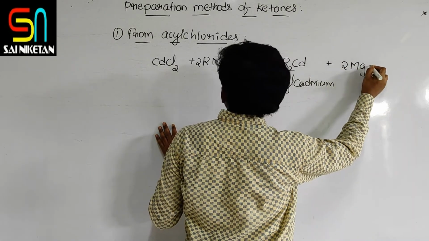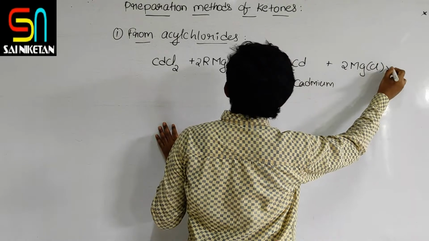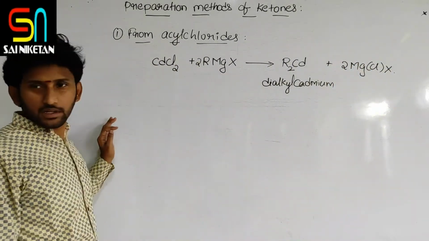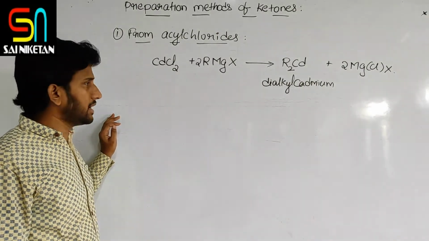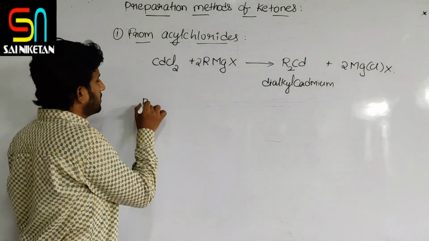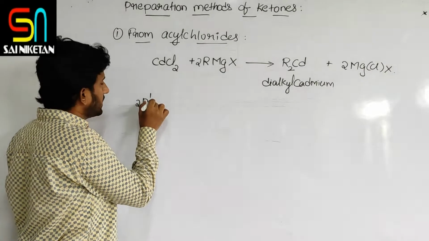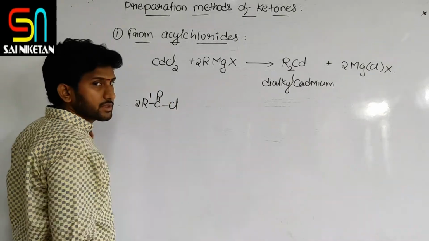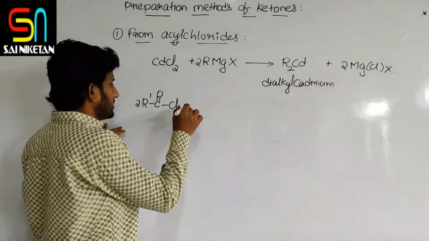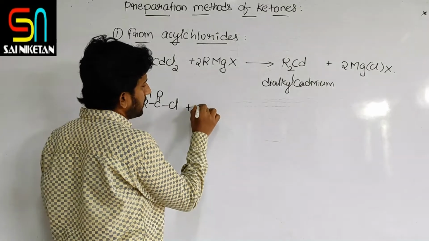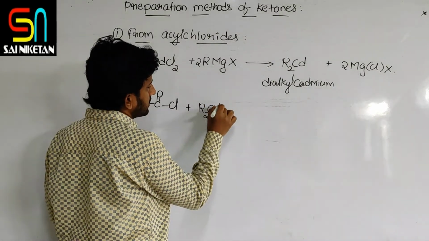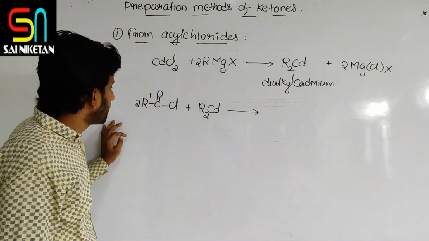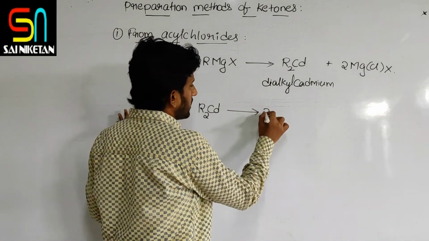MgCl2 is the byproduct. When this dialkyl cadmium is made to react with acyl halides, then ketones are formed.